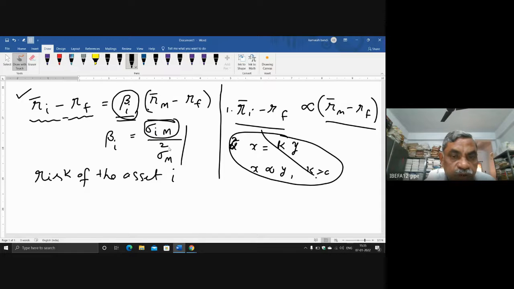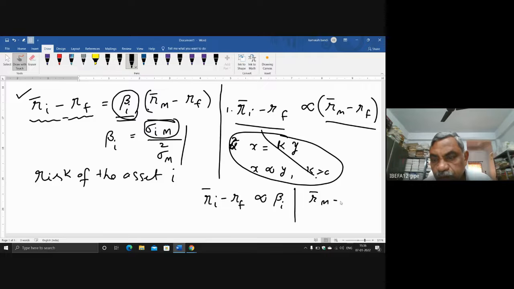What are you doing with the covariance? You are normalizing by dividing it by the variance of the market portfolio, right? So then the second interpretation is that R bar I minus RF is directly proportional to beta I, given R bar M minus RF.